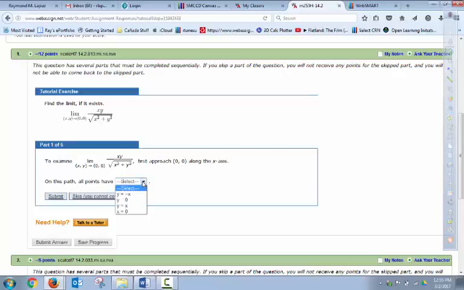So the x-axis is exactly y is equal to 0. When you graph y equals 0, you're going to graph the x-axis. So we're going to approach this limit on a path along the x-axis, and that path is when y is equal to 0. So that's the first step, y is equal to 0.